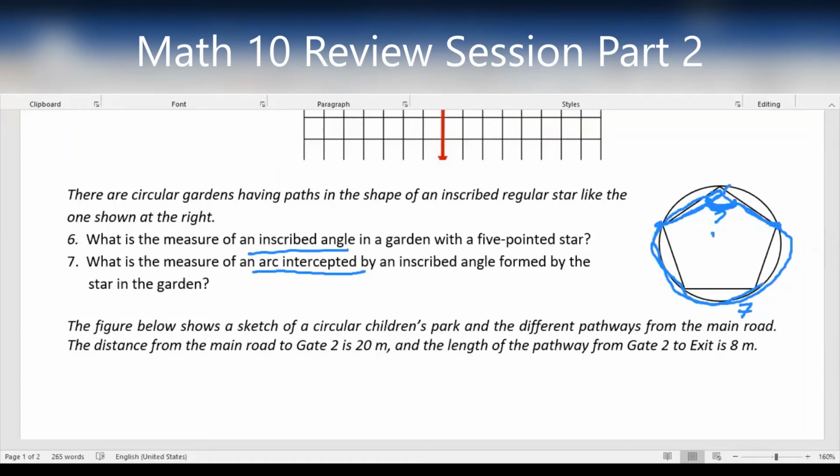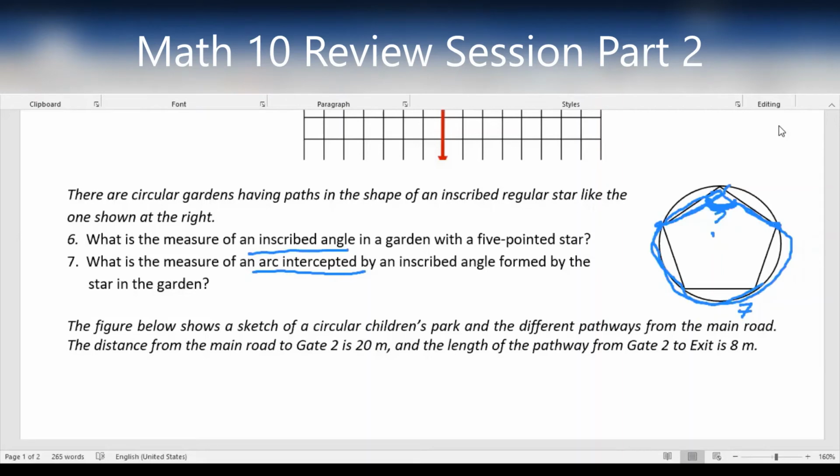Sige, chat pa your answer. Wala pa akong makitang sagot. So, answer, ayan, meron na.